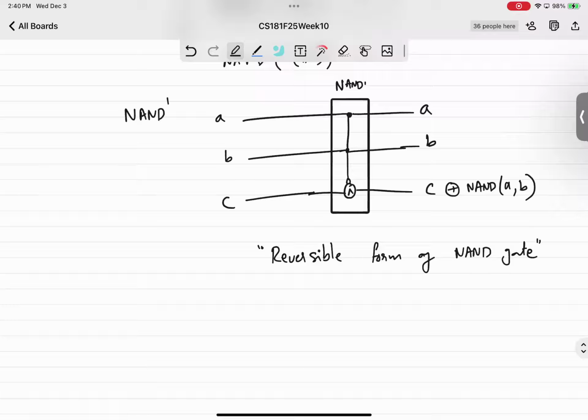Theoretically speaking, implementing just a standard NAND gate must lose some energy because of thermodynamics. It's destroying information, so any physical device which implements a NAND gate must lose some energy. Whereas if it's a reversible computation, then you're not violating the laws of thermodynamics. You can get much more efficient versions of reversible gates.